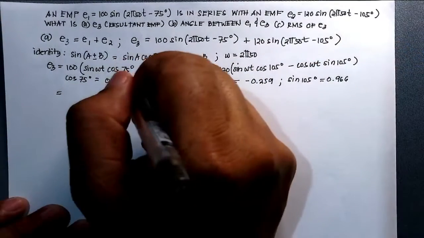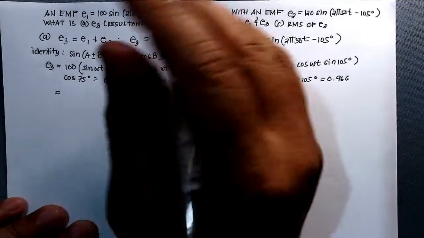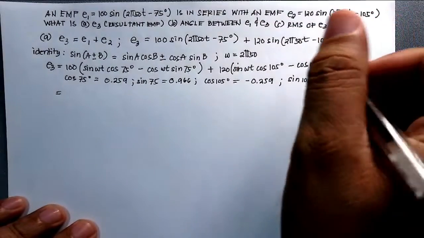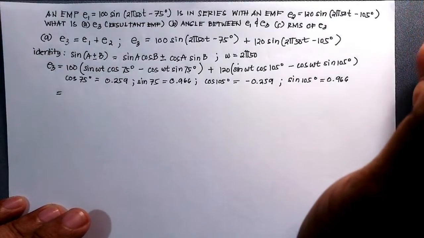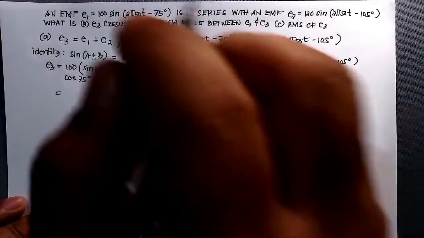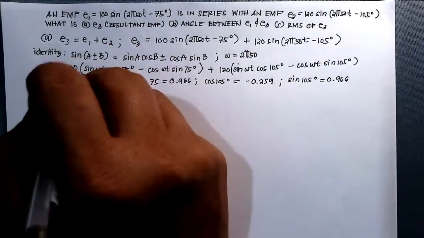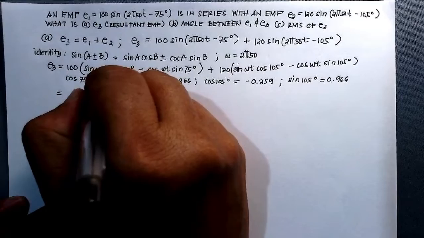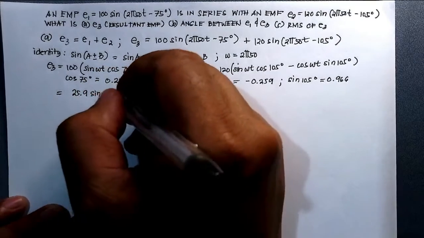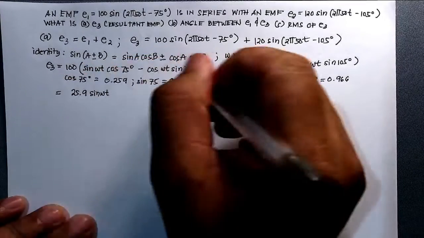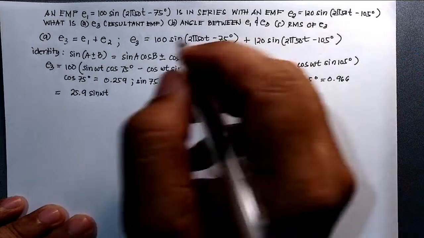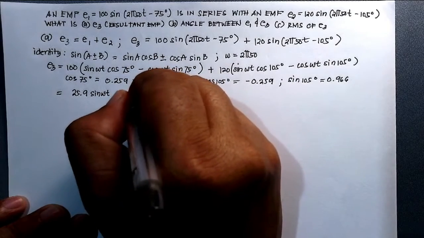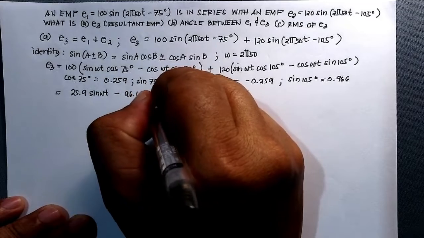If you take these values and separate the cosine from sine, we will have this result: for the E sub 1 term, 25.9 sine omega t minus 96.6 cosine omega t.